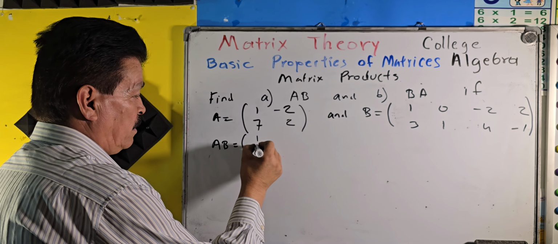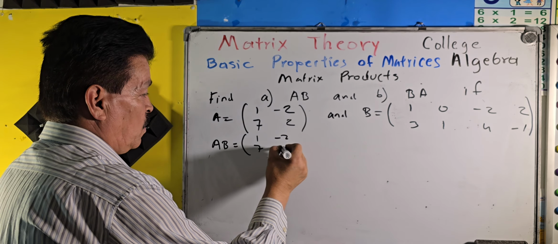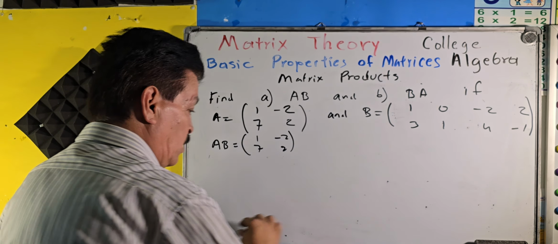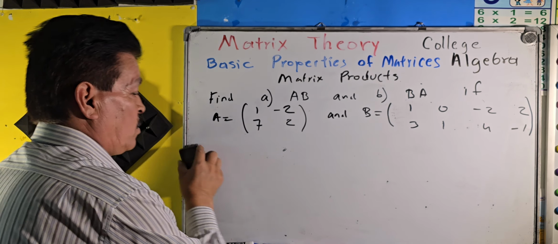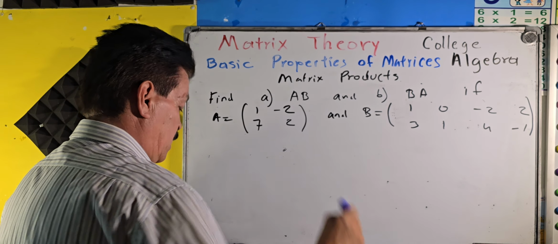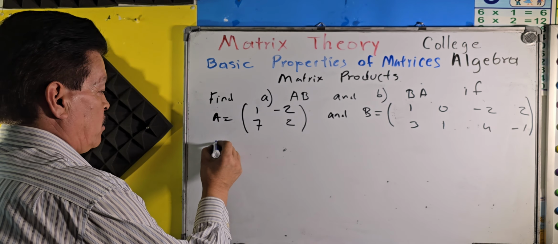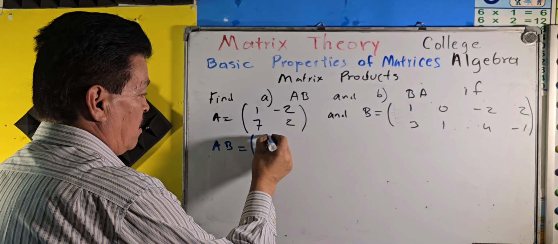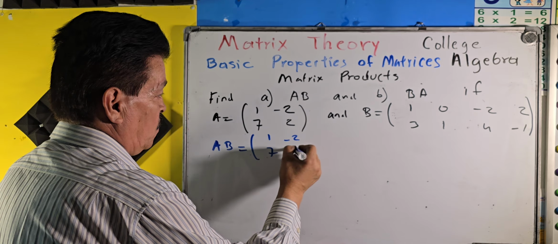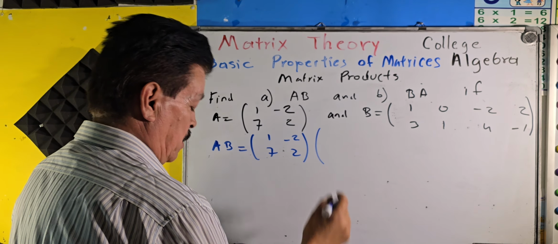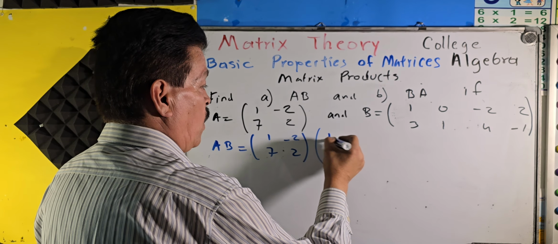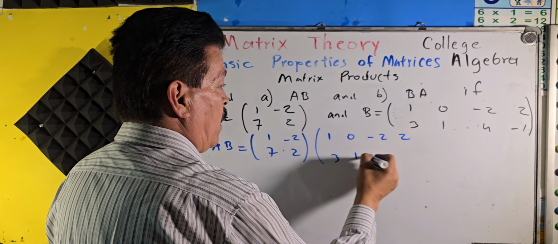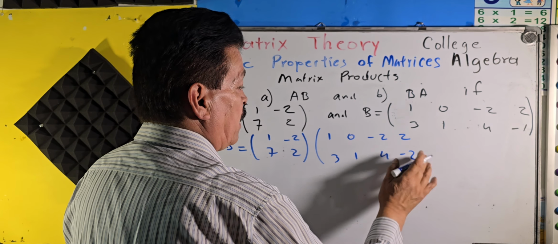So AB equals 1, 7, negative 2, 2, times 1, 0, negative 2, 2, and then 3, 1, 4, negative 2, negative 1.